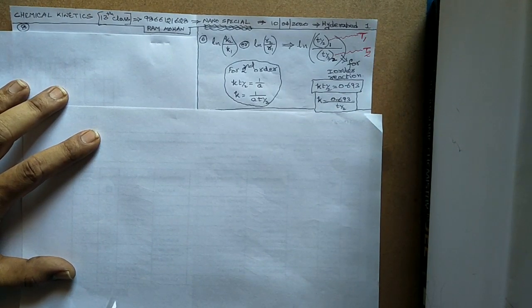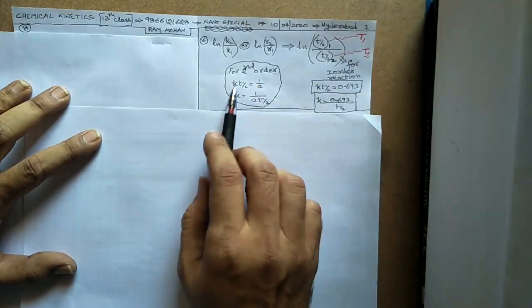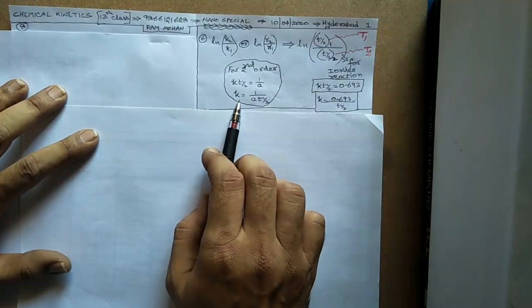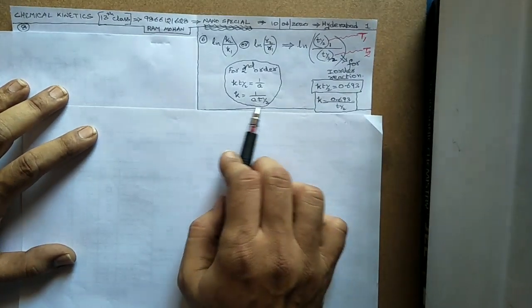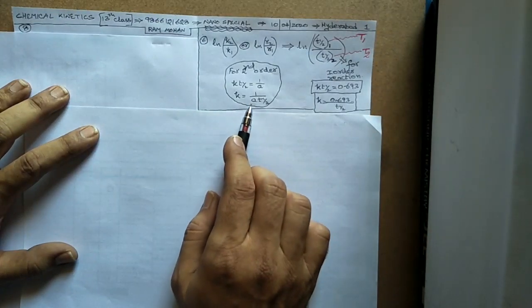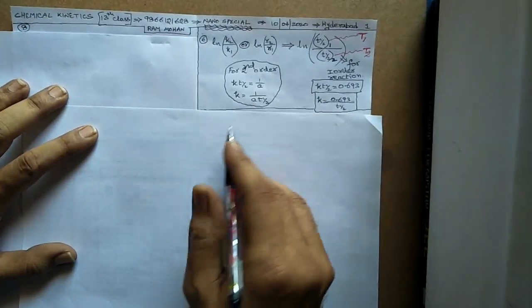So like that. But for second order, I can't substitute directly like that. K t half is 1 by a, so K is equal to 1 by a t half. So you have some problem in knowing even the a values and then substituting and simplifying.